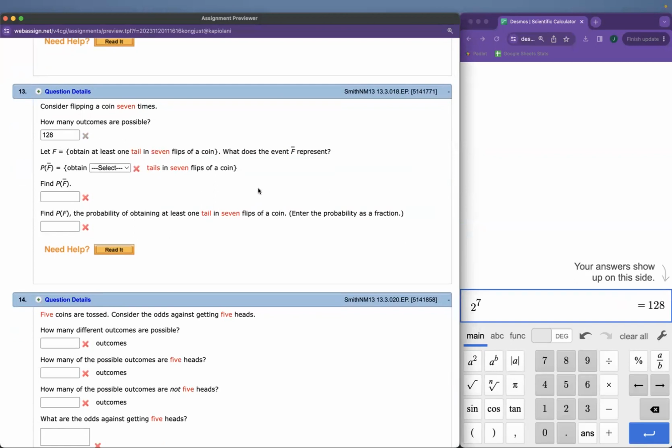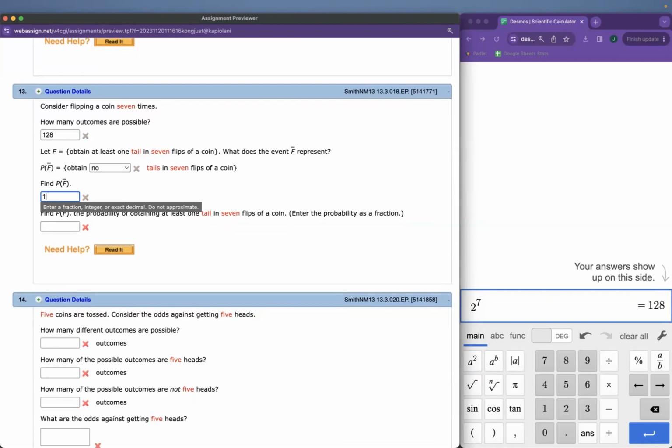Okay, let F equal the event of attaining at least one tail in 7 flips of the coin. What does not F, the complement of F, represent? The probability of not F means obtaining 0 tails in 7 flips. What's the probability of that?